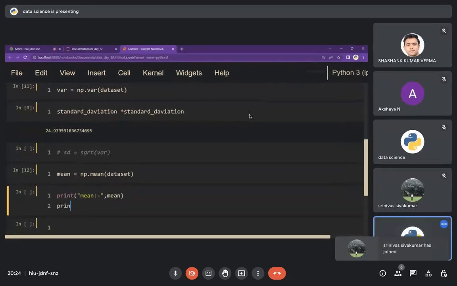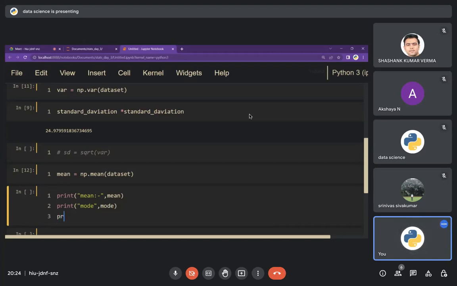Print mode, comma mode. I'm going to write mean, median, right? So I'm writing everything here in one go. Median, colon, comma median.